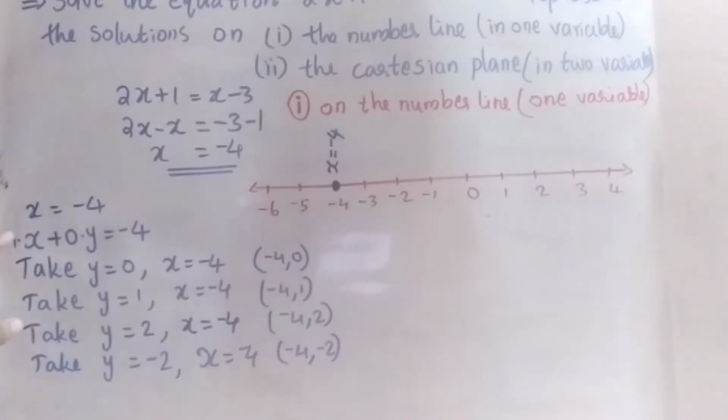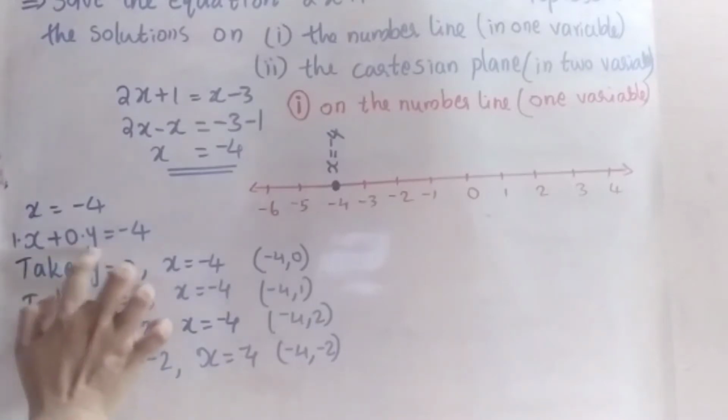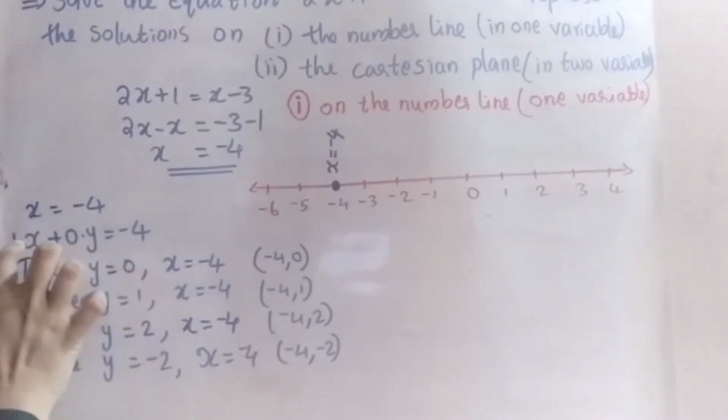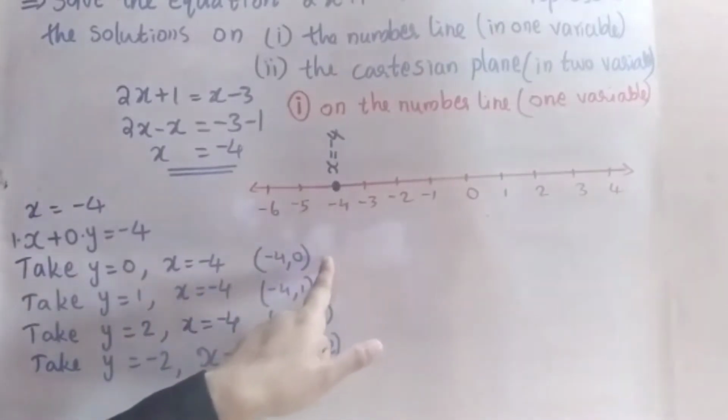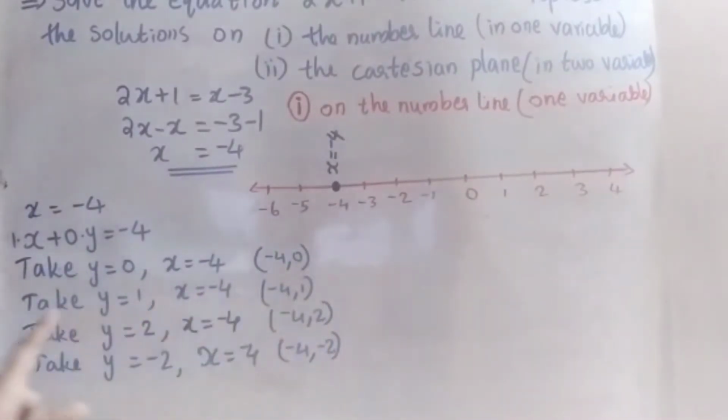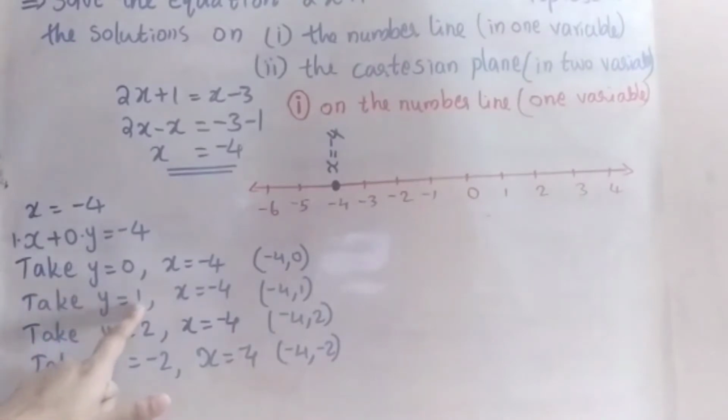That means 1 into x plus 0 y. Actually there is no y term, but we can add a y term like this: 1 into x plus 0 y is equal to minus 4. Take y is equal to 0. Then the y term is 0, so x equal to minus 4. The solution is minus 4, 0. Take y is equal to 1.